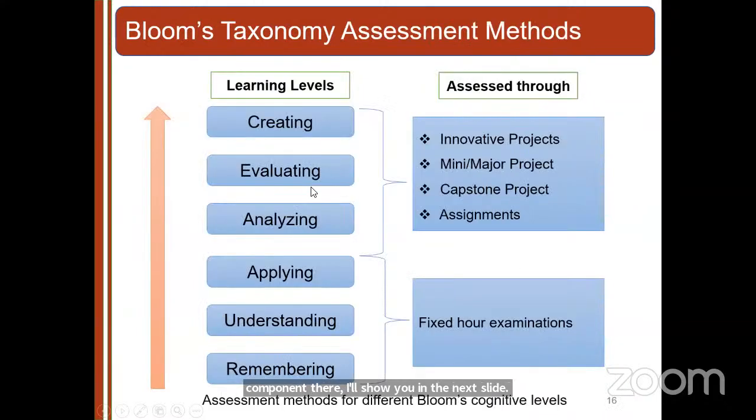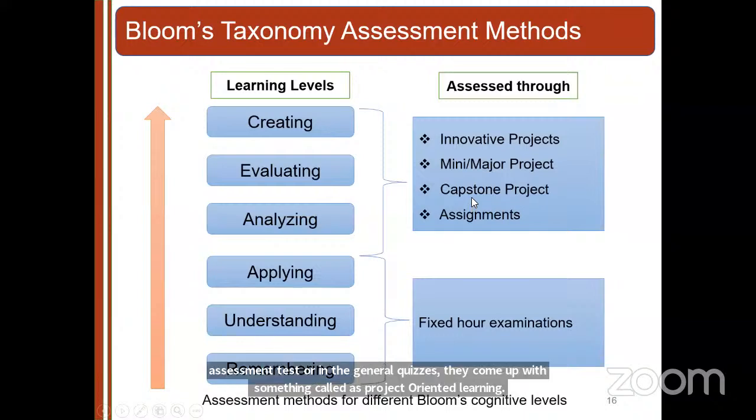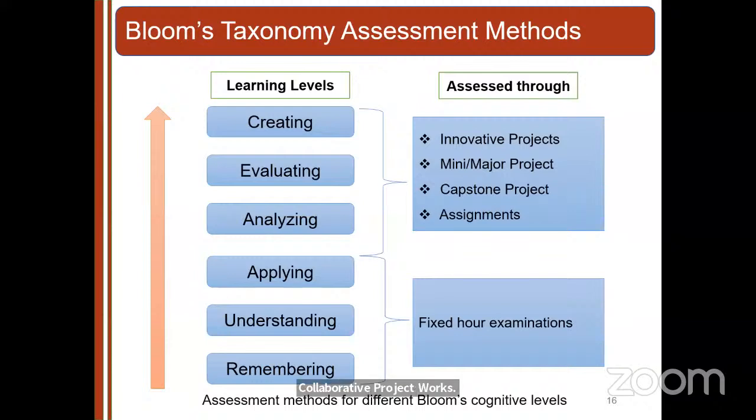Evaluation and creating generally don't come up in the final assessment test or in the general quizzes. They come up with project-oriented learning, assignments, collaborative project works, minor mini projects, field visits, innovative projects, etc.